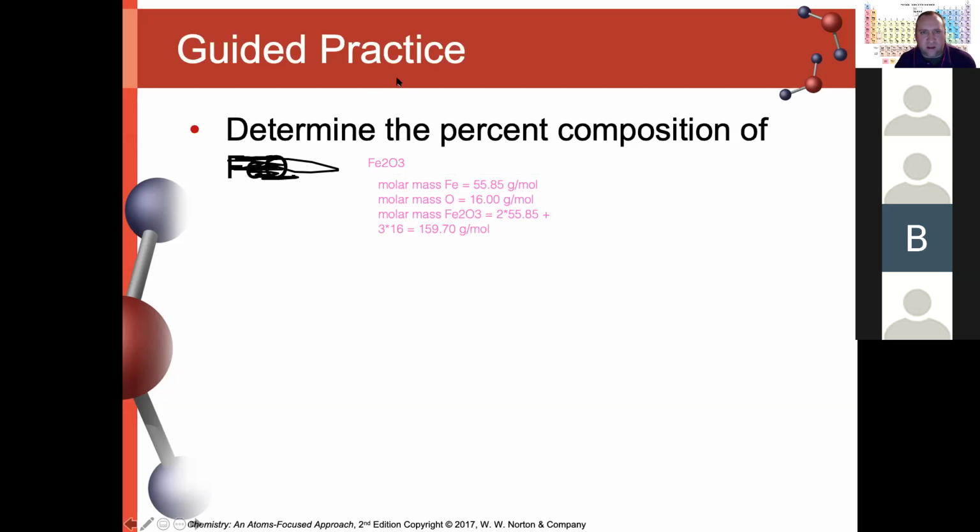So, like I said, the only real difference there is the approach. So my percent iron, similar kind of concept. Since there are now 2 of them, it would be 2 times 55.85 over the 159.7 times 100%.